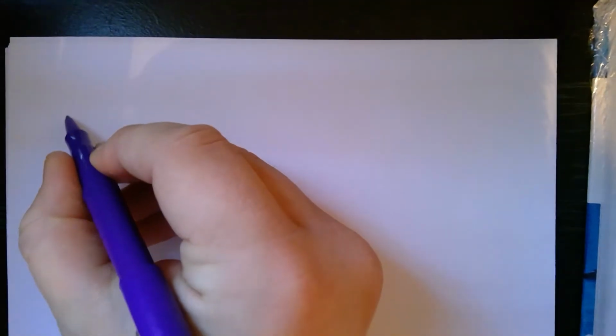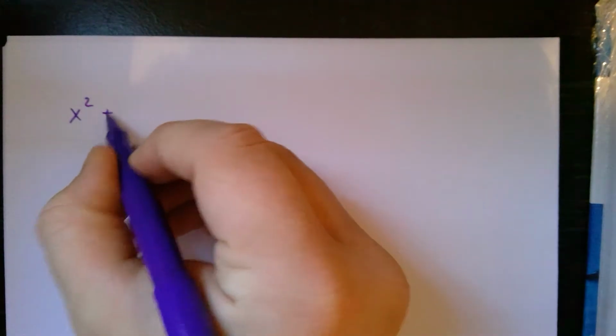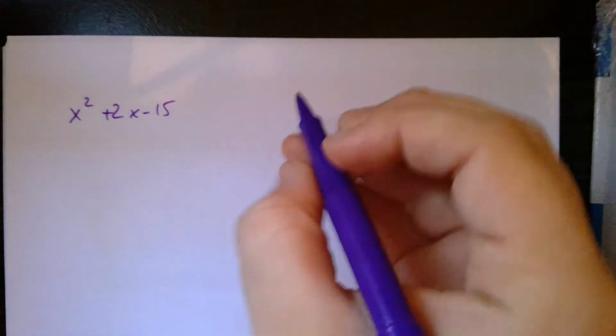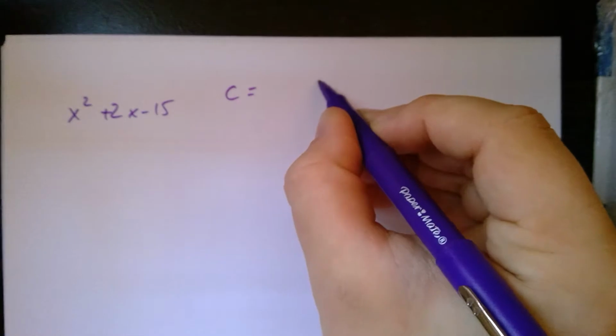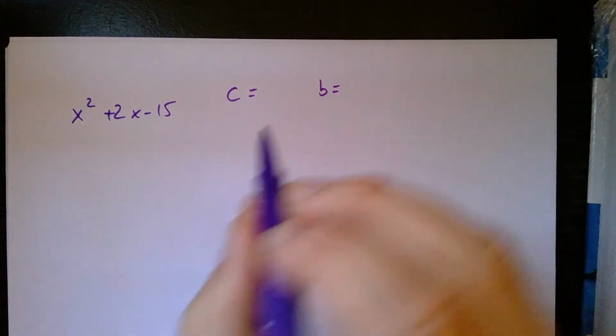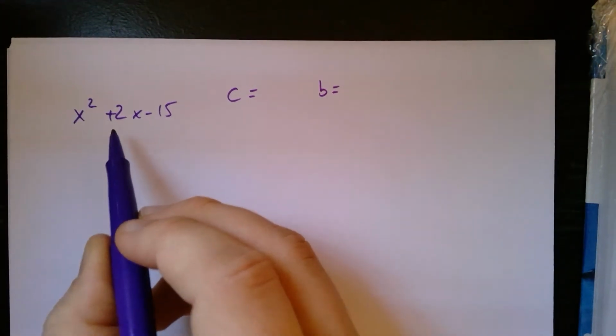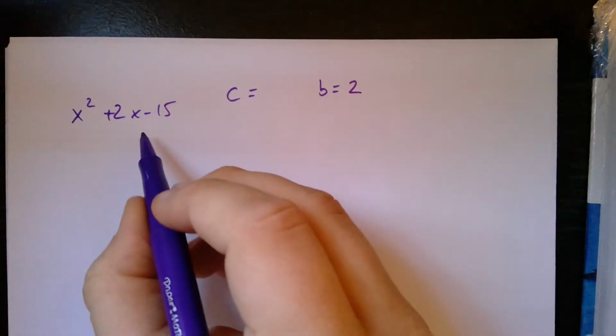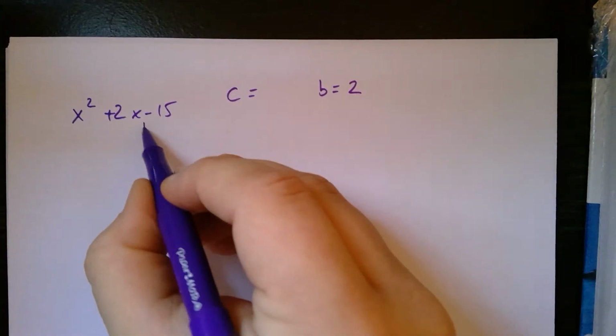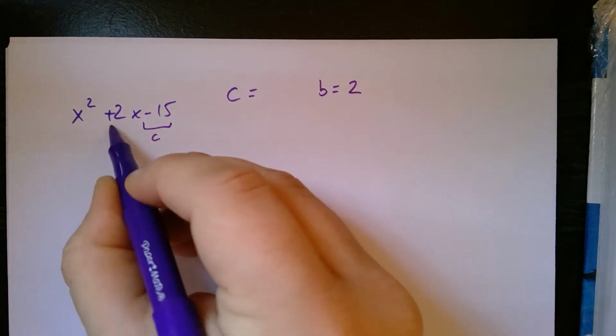All right, so our first example that we're going to do is x squared plus 2x minus 15. So first of all, I'd like to see what does c equal and what does b equal. So our middle number, that is what's going to be b, so that's positive 2. And then c here, c is this whole negative 15.